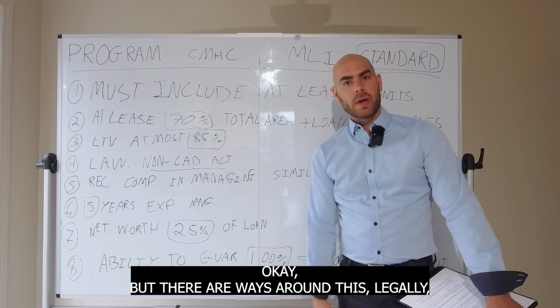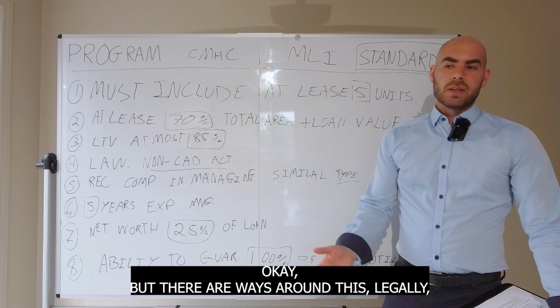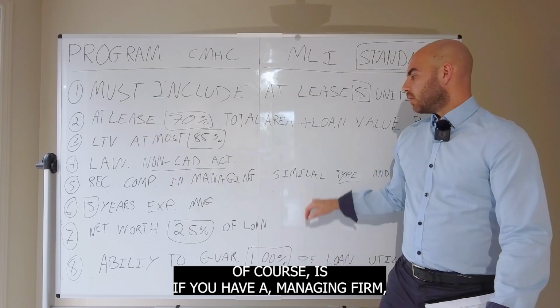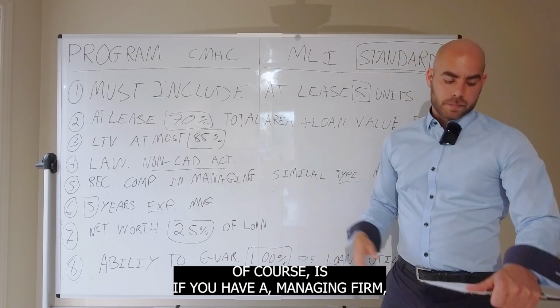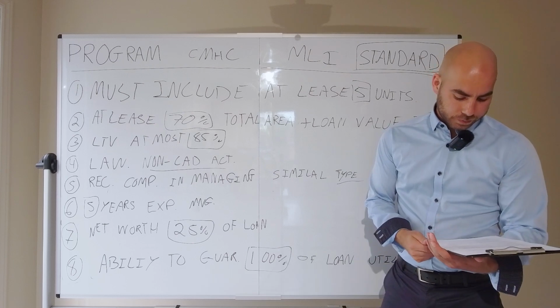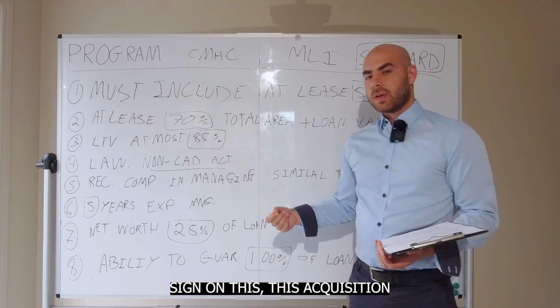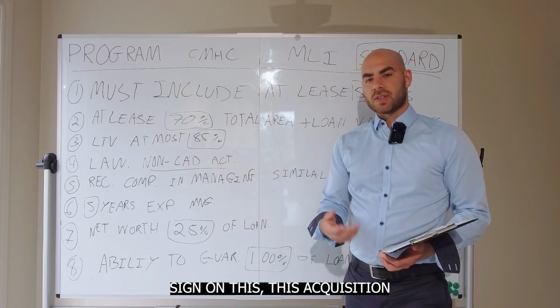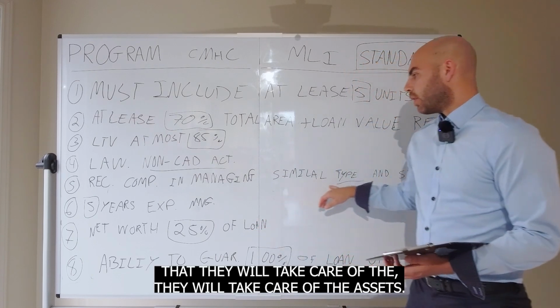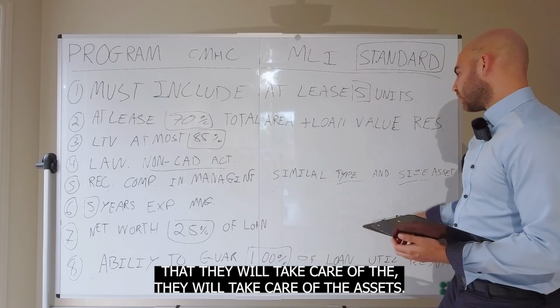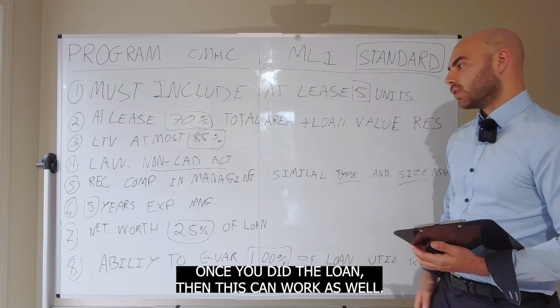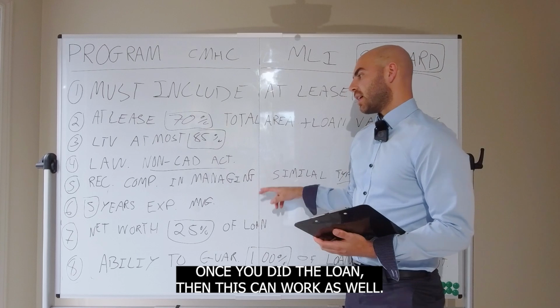But there are ways around this, legally, of course. If you have a managing firm that will sign on this acquisition, that they will take care of the assets once you did the loan, then this can work as well.